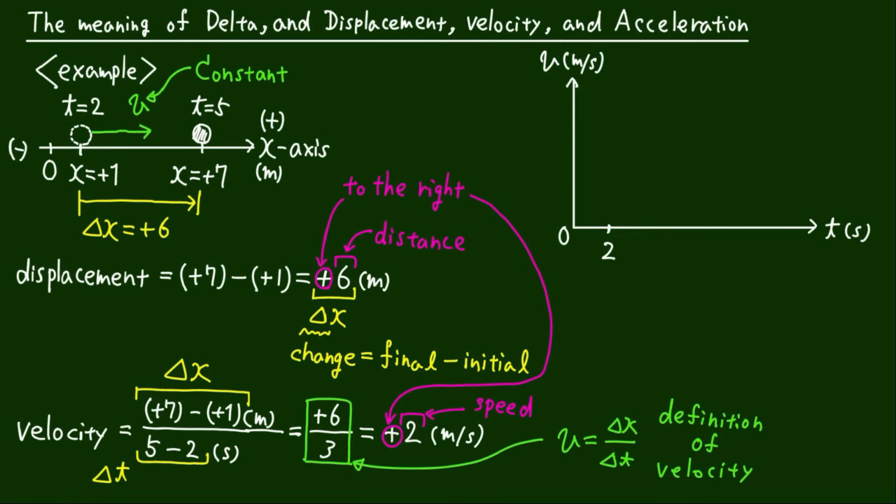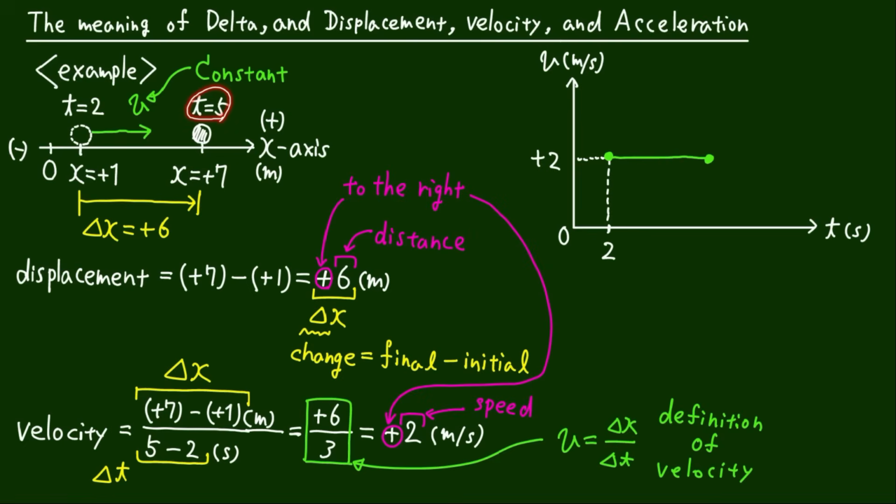First, at time t equals 2, the velocity was plus 2. Therefore, on this vt graph, the point representing this would be here, since at time 2 the velocity is plus 2. Is that clear? And from here, since the velocity remains constant at plus 2 until time reaches 5, this graph extends horizontally like this.